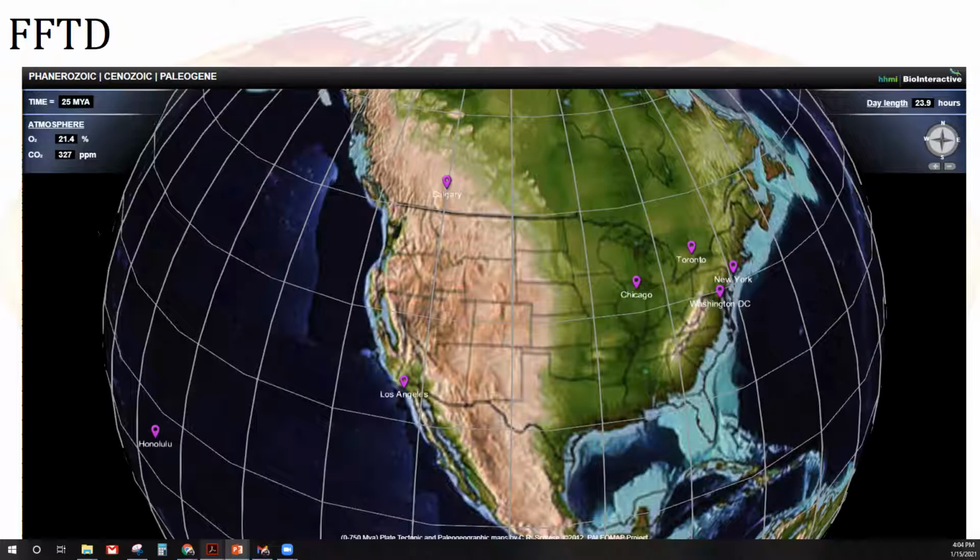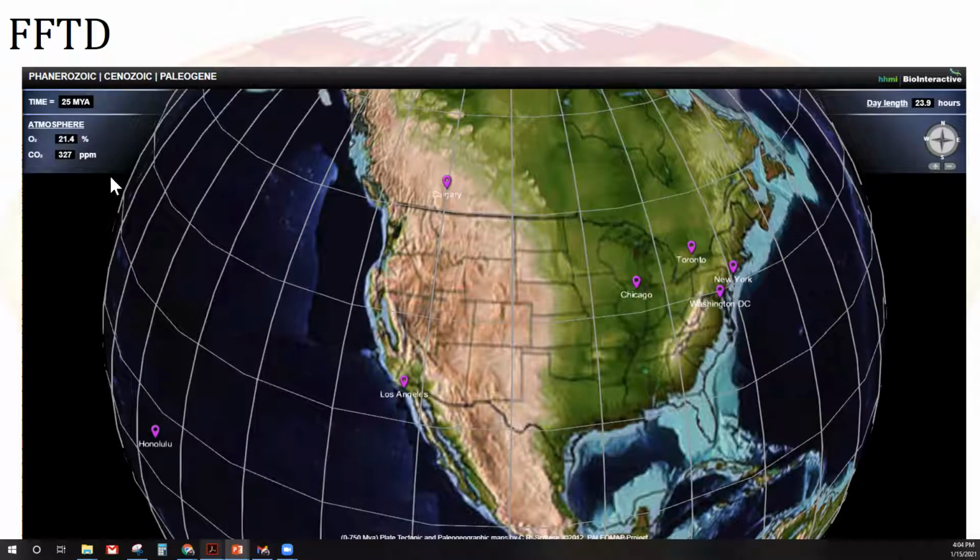What I like about the simulation is it talks about the amount of oxygen in the atmosphere, the amount of carbon in the atmosphere, and interestingly, day length. It's not so interesting at this time scale, but if you go back 150, 200 million years ago, the day length is significantly shorter.